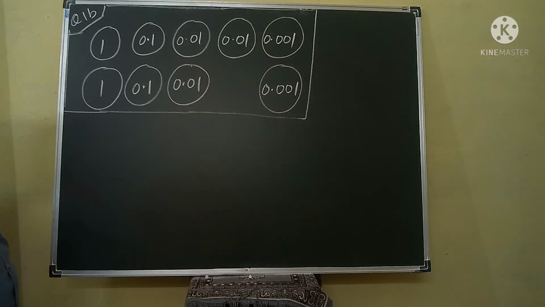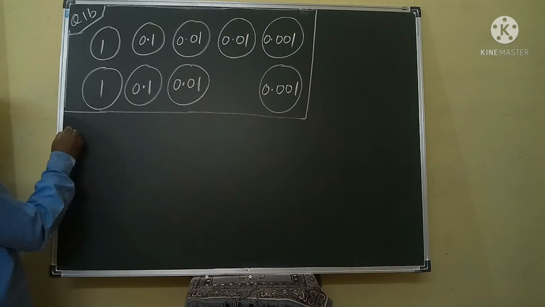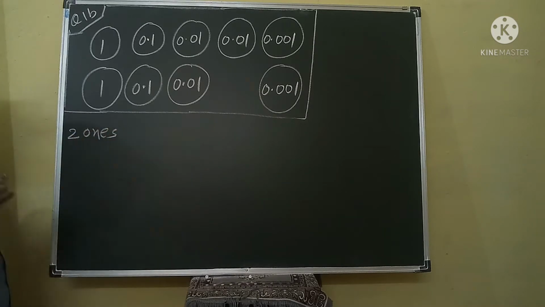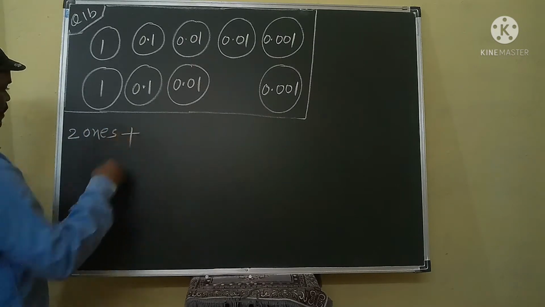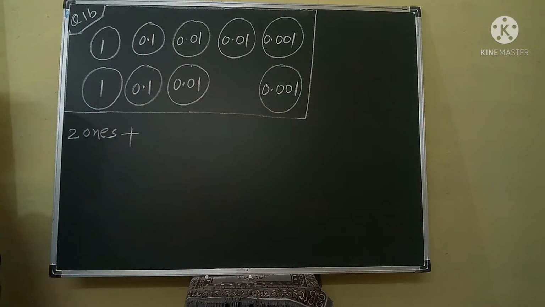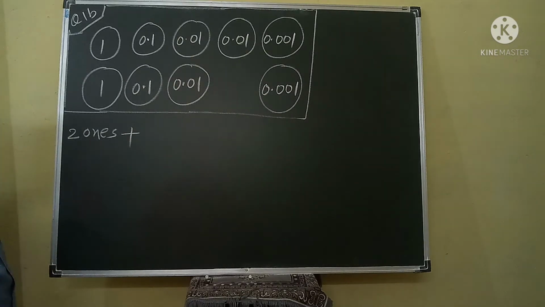So what will we do? We can apply the same procedure. Now look here. This is 1, 1. 1 plus 1 means 2. This is 2 ones. Then after that, plus 0.1. We have already discussed that 0.1 means 1 upon 10, or 1/10.